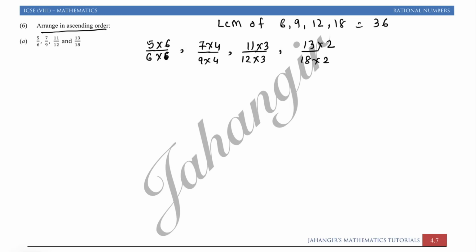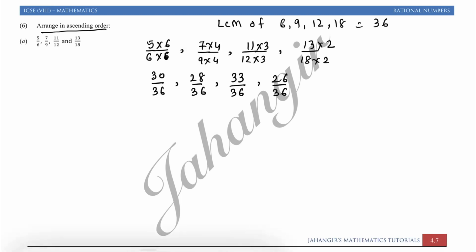So here our denominators are equal. Let's multiply. 6 5s are 30 upon 36, 7 4s are 28 upon 36, 11 3s are 33 upon 36, and 26 upon 36.